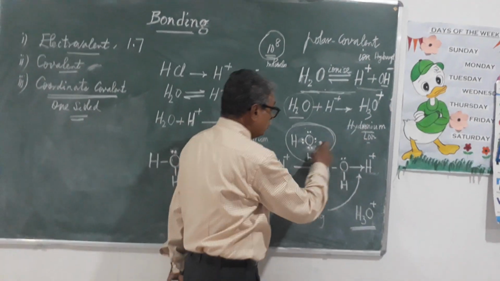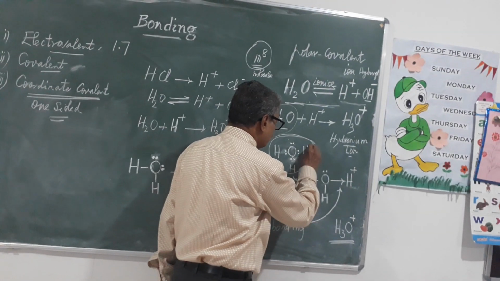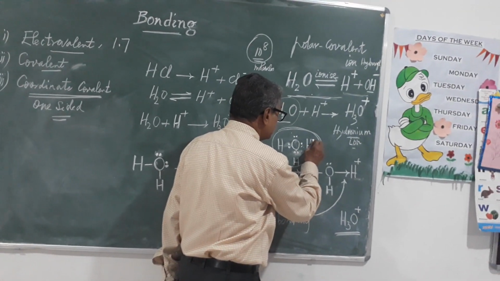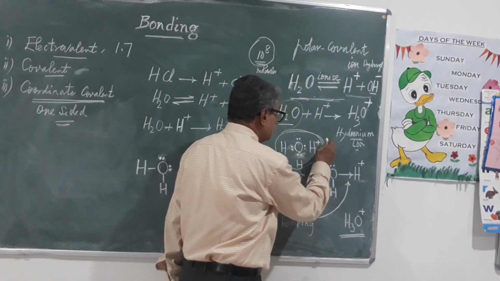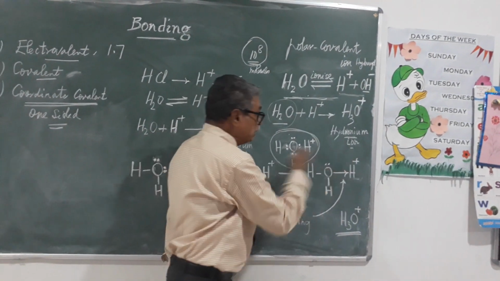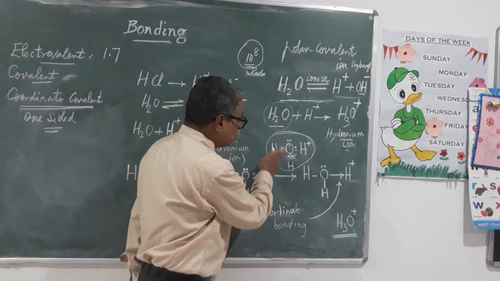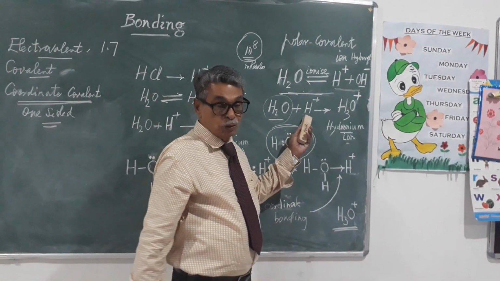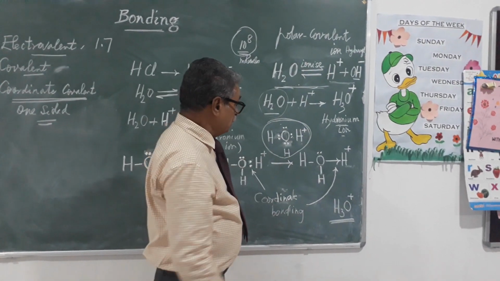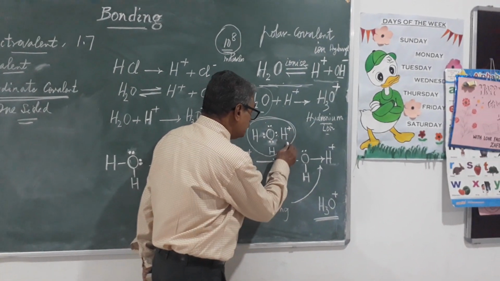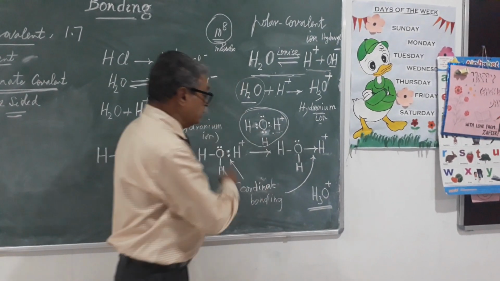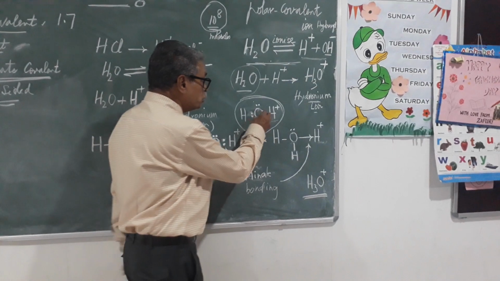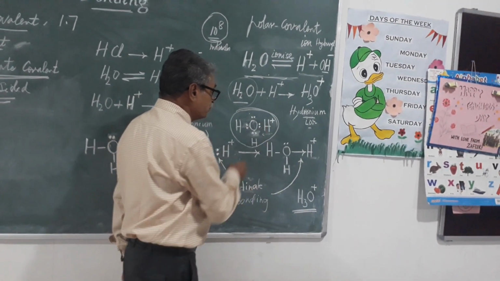When a hydrogen ion is available, that hydrogen ion combines with it unilaterally, without sharing. These two are shared, but this hydrogen ion doesn't have any electron to share. But it can combine with this unilaterally from one side. It can use these two electrons for sharing.